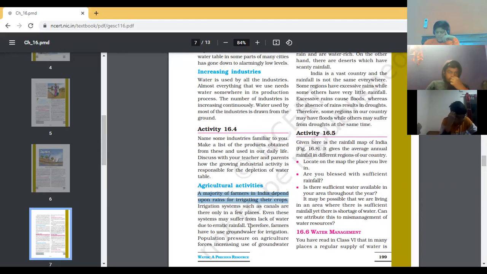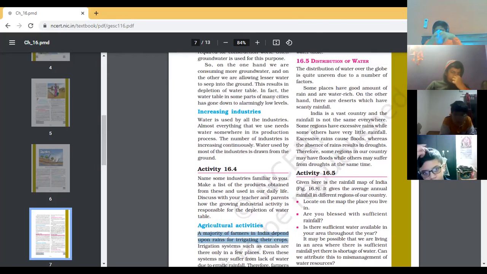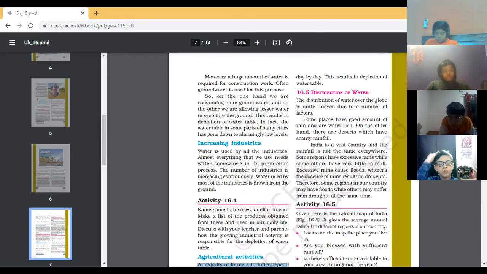Even these systems may suffer from lack of water due to erratic rainfall. Therefore, farmers have to use groundwater for irrigation. Population pressure on agriculture forces increasing use of groundwater day by day. This results in depletion of water table.